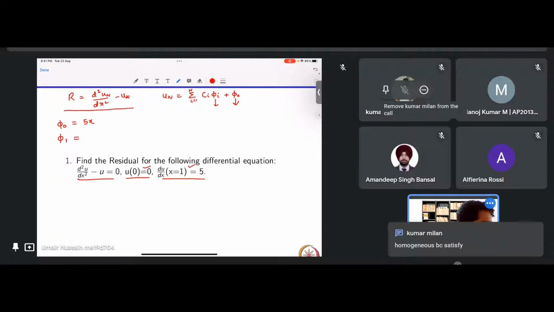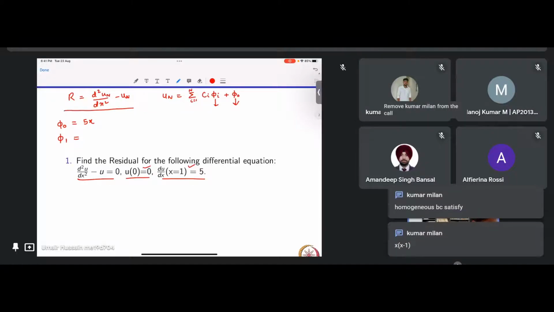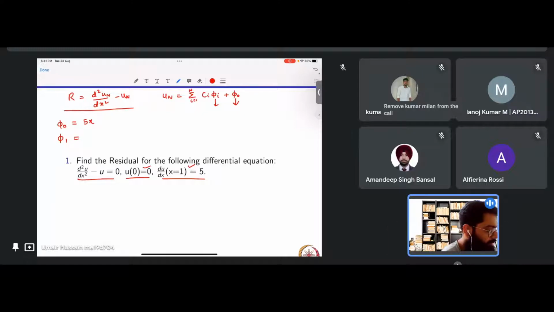Yes, exactly. It should satisfy the homogeneous boundary condition. So, of course, again, the first boundary condition is homogeneous. Yeah, you gave an idea, right? x into (x minus 1). I'll try if this works.